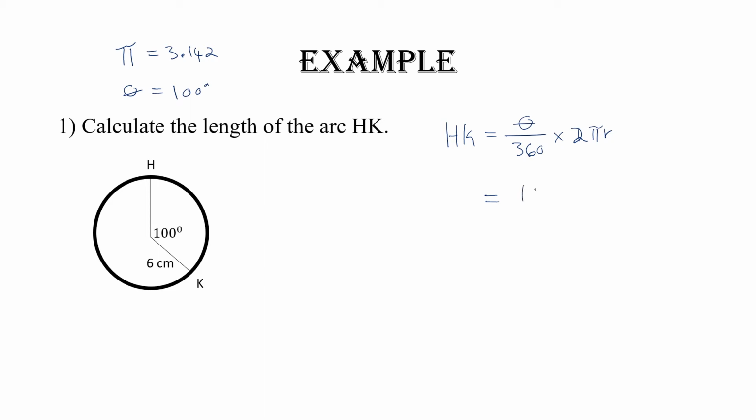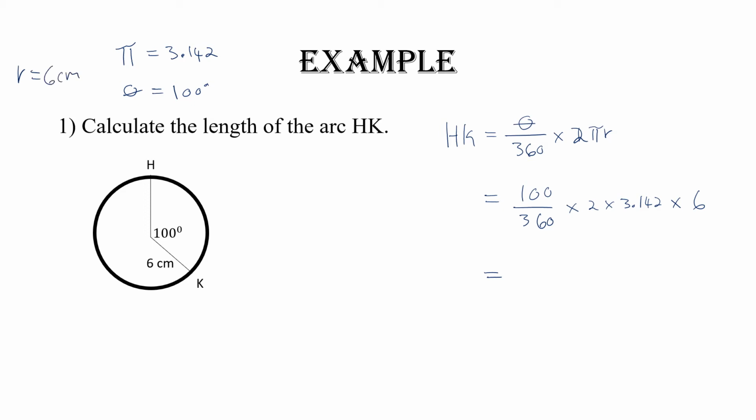So that will be 100 over 360 times 2 times 3.142 as pi times r, which in this case is 6. It's always wise to pinpoint your values. So we know theta, we know r. I should have written r here as 6 cm because those are given information.